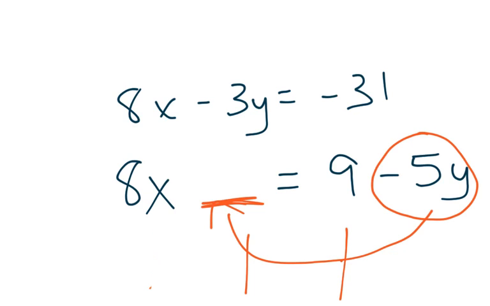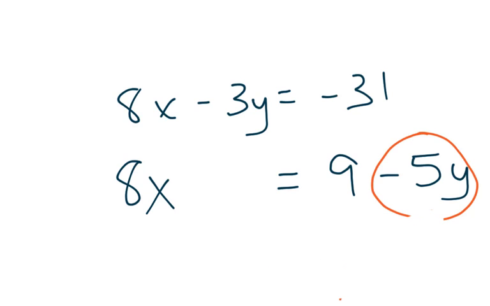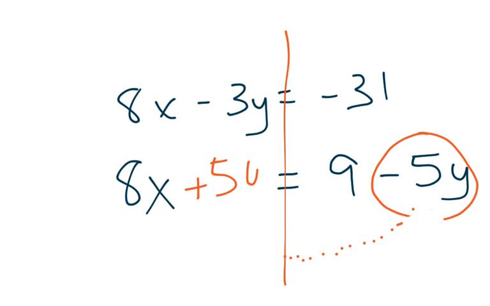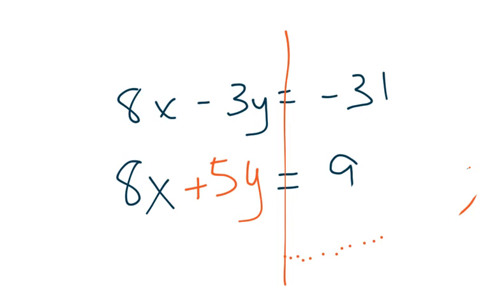So if you remember that trick I told you about when you needed something to move across the equal sign, the only thing that would change would be the sign. So it's a -5y, -5y, and then all of a sudden we're crossing over the equal sign. Now it's going to be a +5y. And it's not over here anymore because theoretically I picked it up and dragged it across.